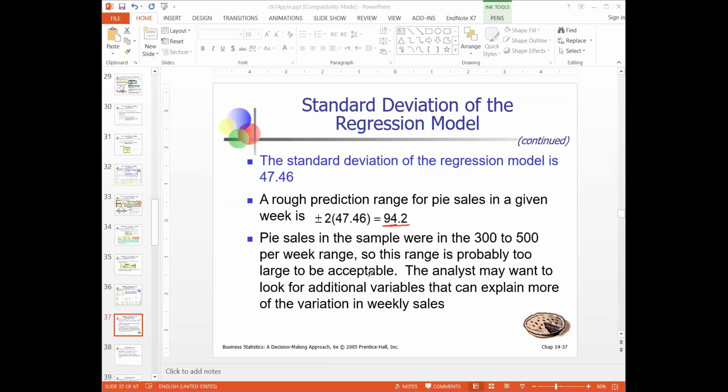It means the number will have this big range. An example is given here: the pie sales in a sample were 300 to 500 per week. So this range is probably too large to be acceptable. The analyst may want to look for additional variables to explain more of the variation.